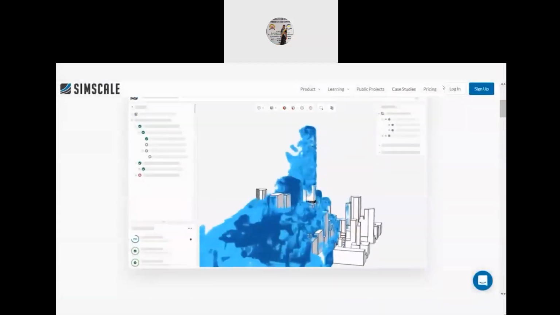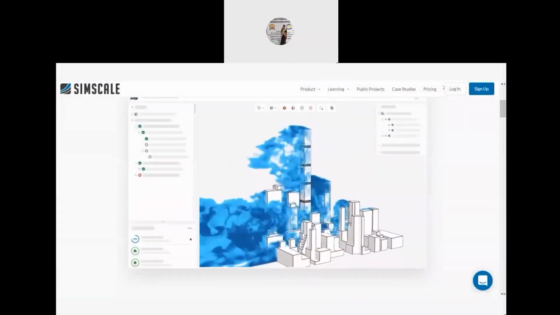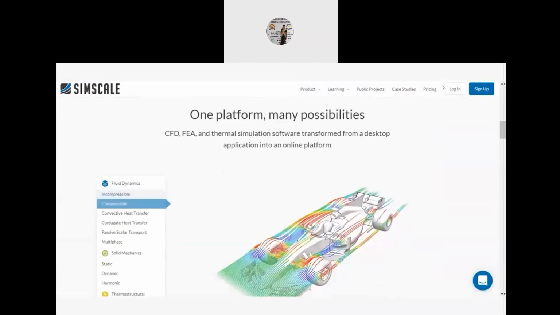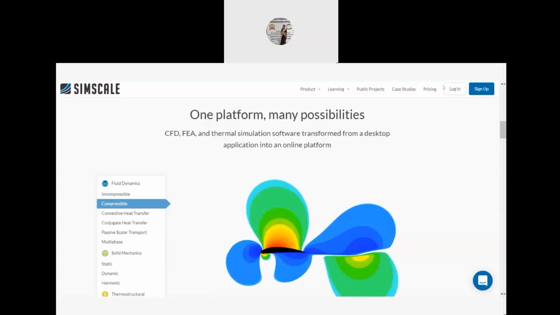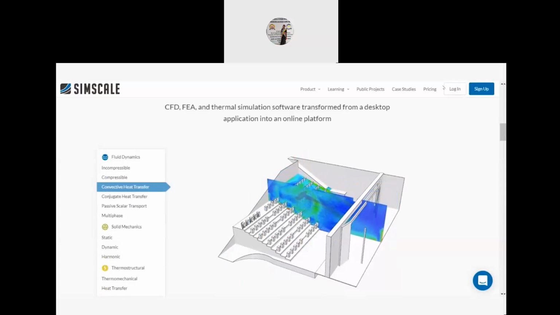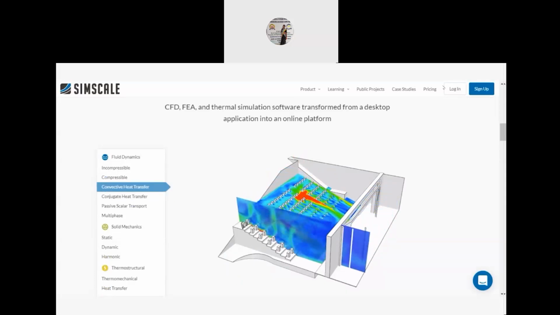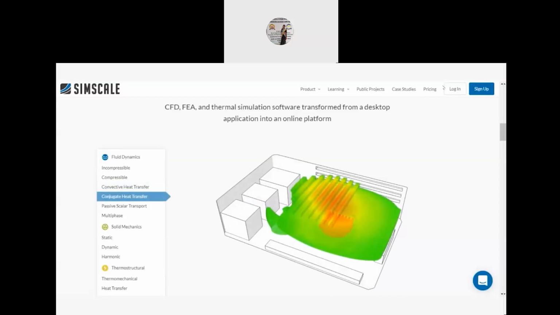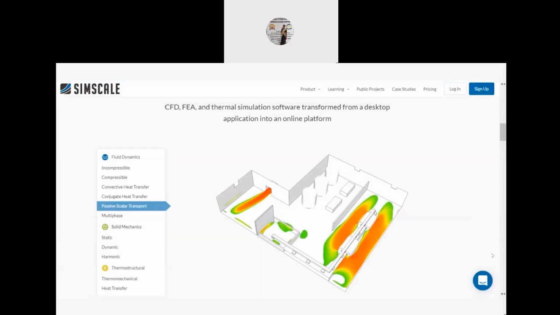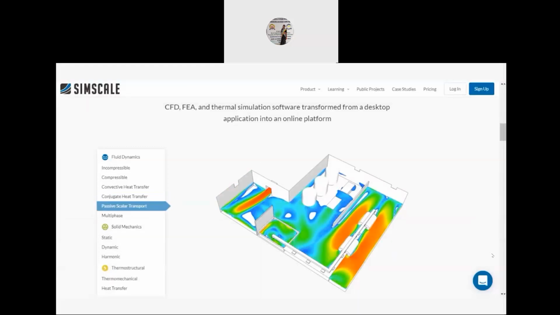By providing instant access to computational fluid dynamics, or CFD, and finite element analysis, FEA, Simscale has moved high-fidelity physics simulation technology from a complex and cost-prohibitive desktop application only available to experts in large companies to a user-friendly web application accessible to any designer and any engineer in the world via a pay-as-you-go pricing model.